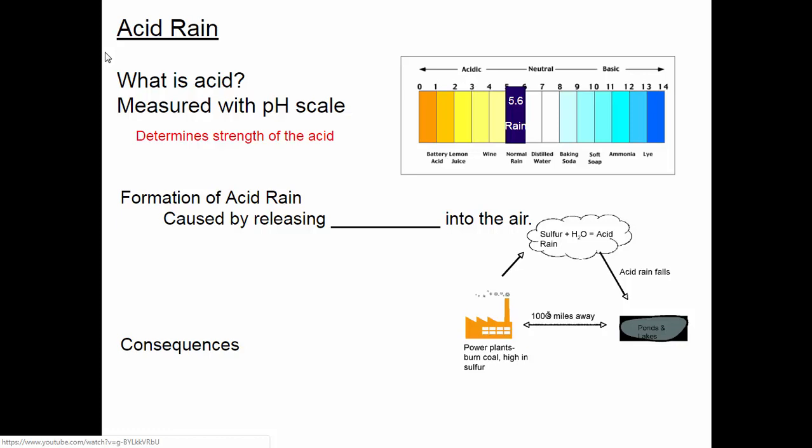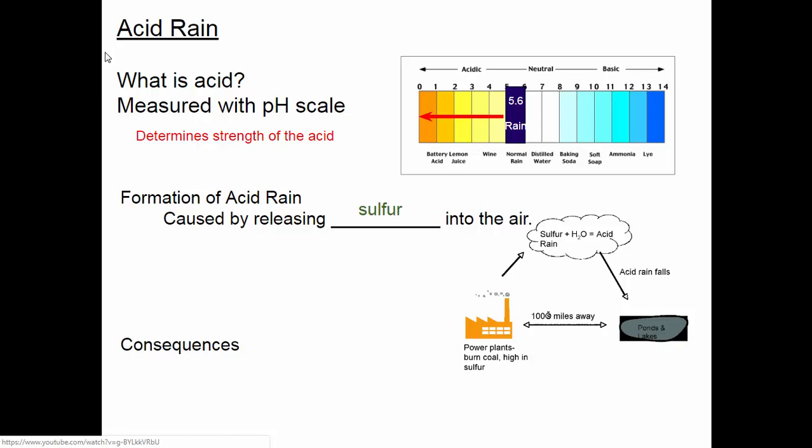It's just precipitation that is below this normal 5.6. Maybe it's 5 or 4.5 sometimes. Even maybe 4 is where this can be. And what happens is, when we burn certain types of fossil fuels, one of the biggest culprits is high sulfur coal, or even gasoline emits nitrogen when burned in our cars.